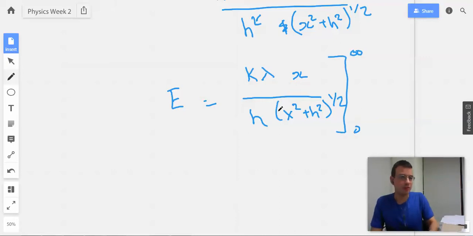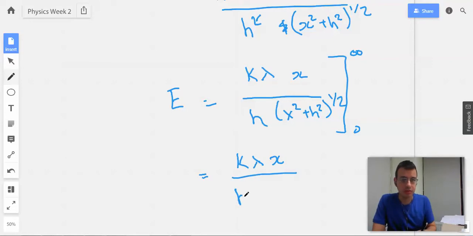I'm just going to go from 0 to infinity and then double whatever answer I get. So we'll get k lambda x over h.